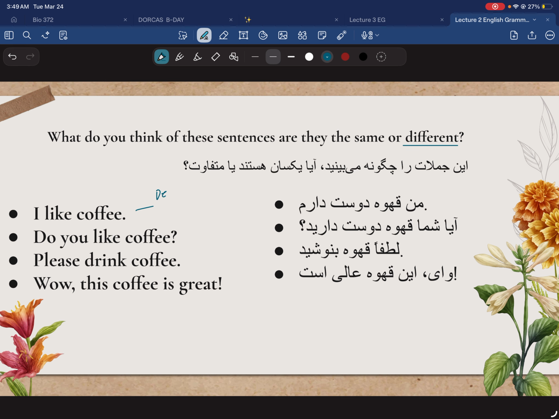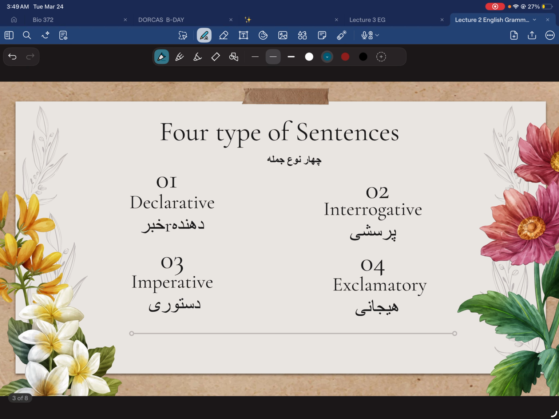Declarative. If you said declarative, you will be correct. The next one is, do you like coffee? Automatically, we know that it's asking a question and we see it ends in a question mark. This is obviously interrogative.